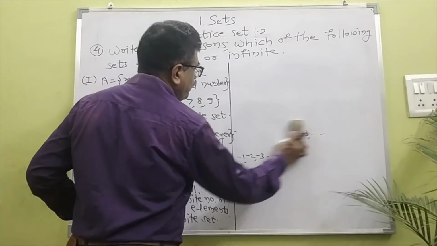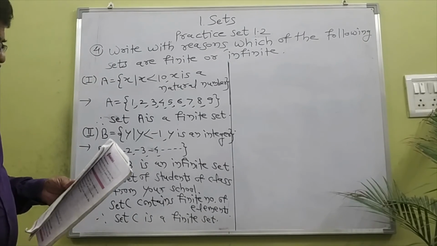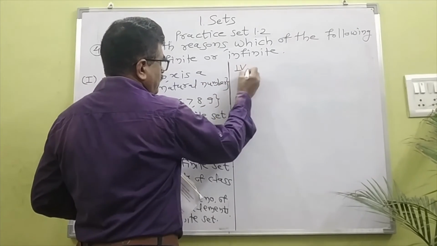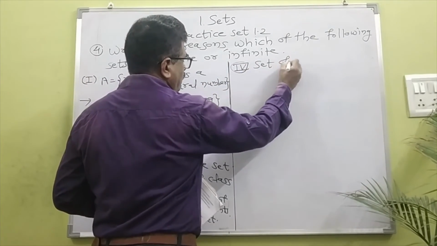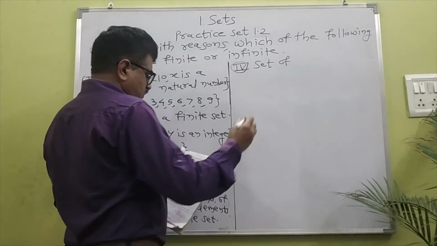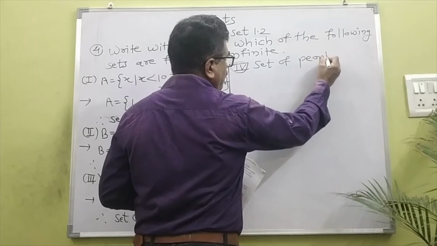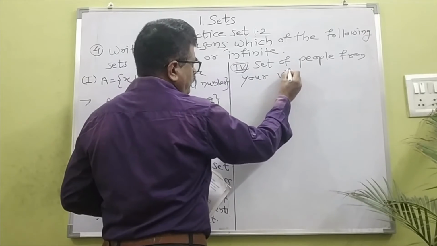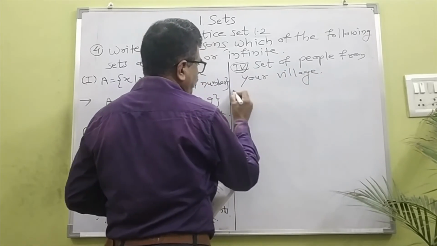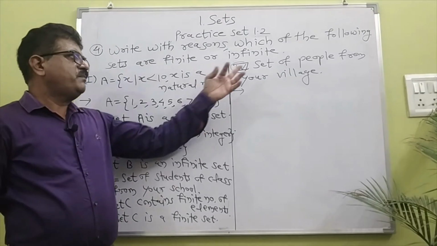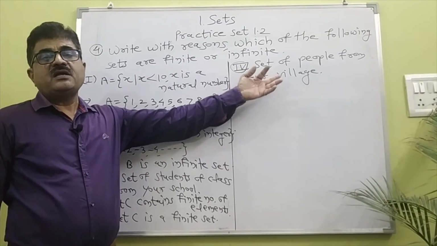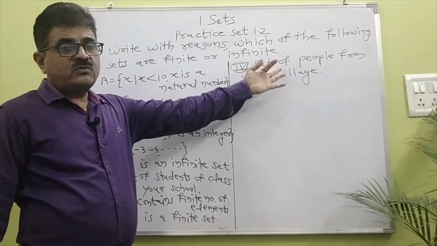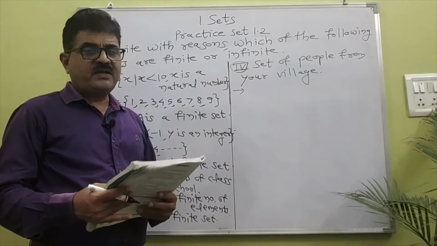This is number 3. Write down number 4. Set of people from your village. Now this is a finite set because we can count all the people of the village.